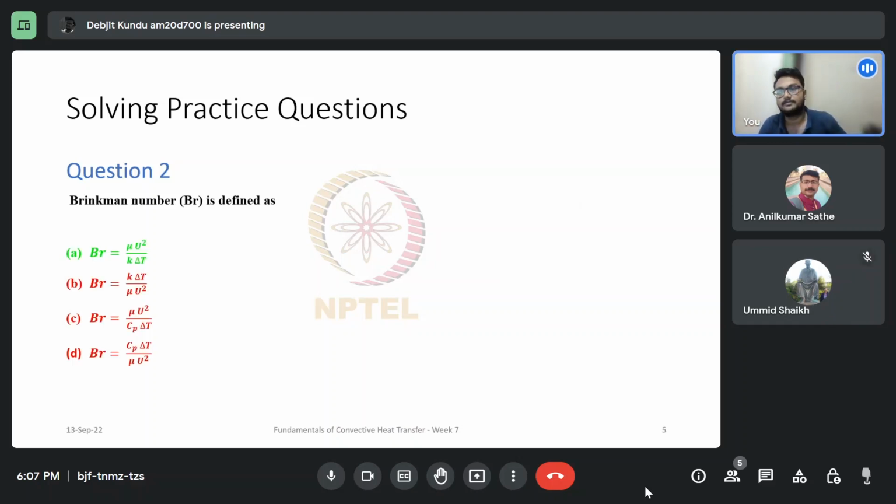So, Brinkman number is defined as mu into u square by k into delta T. We can quickly recall that the Brinkman number is nothing but the product of Prandtl number and Eckert number. Prandtl number we can write down as nu by alpha.